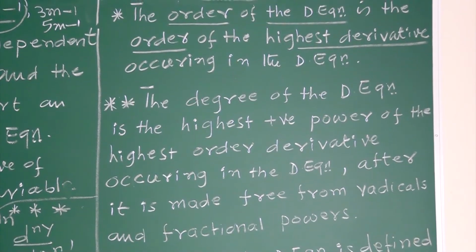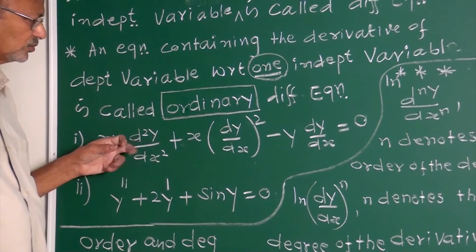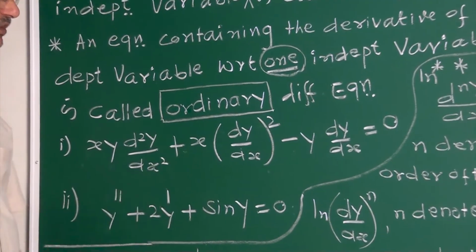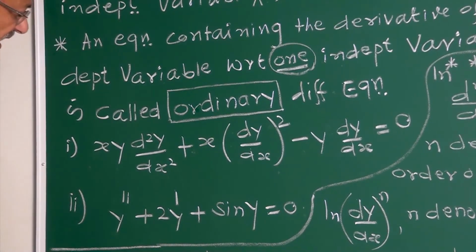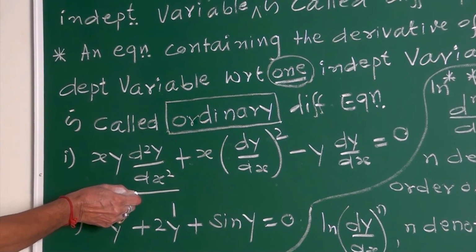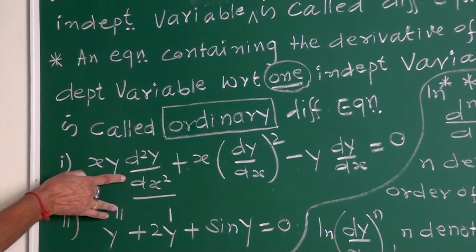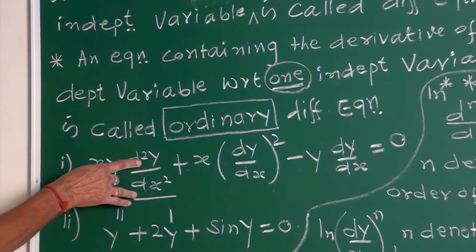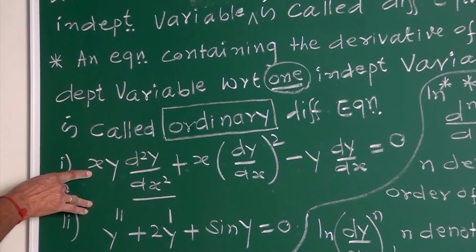Yes, my friends, take this here. It contains a derivative of order 2 and a derivative of order 1, so the highest order derivative is this one. Then the order of the differential equation is the same as the order of this derivative. What is the order of this derivative? 2. Then what is the order of this differential equation?